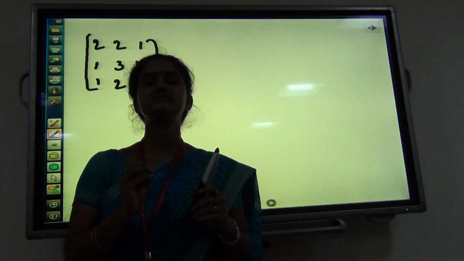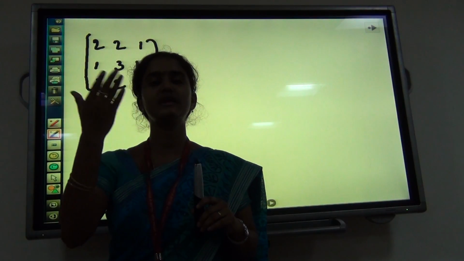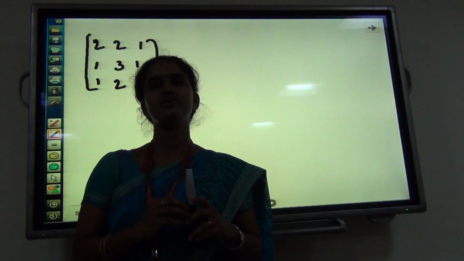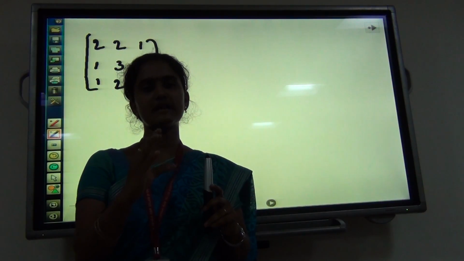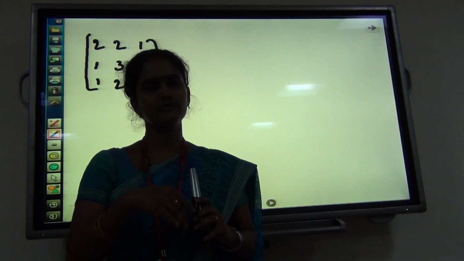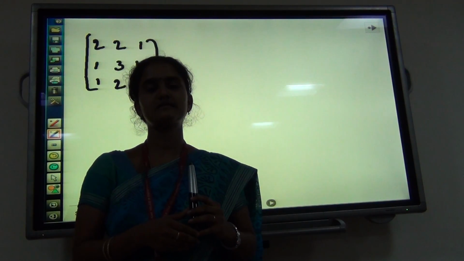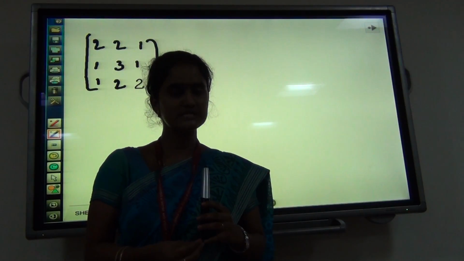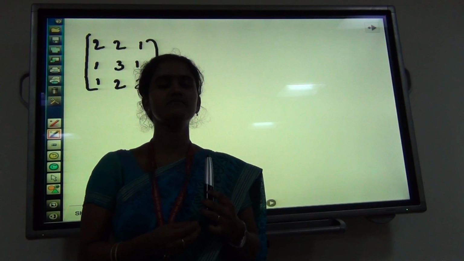By finding S1, S2, S3 and substituting in the assumed form of the characteristic equation, we get the characteristic equation of the corresponding matrix. Then solving the characteristic equation, we get roots, which we name eigenvalues.